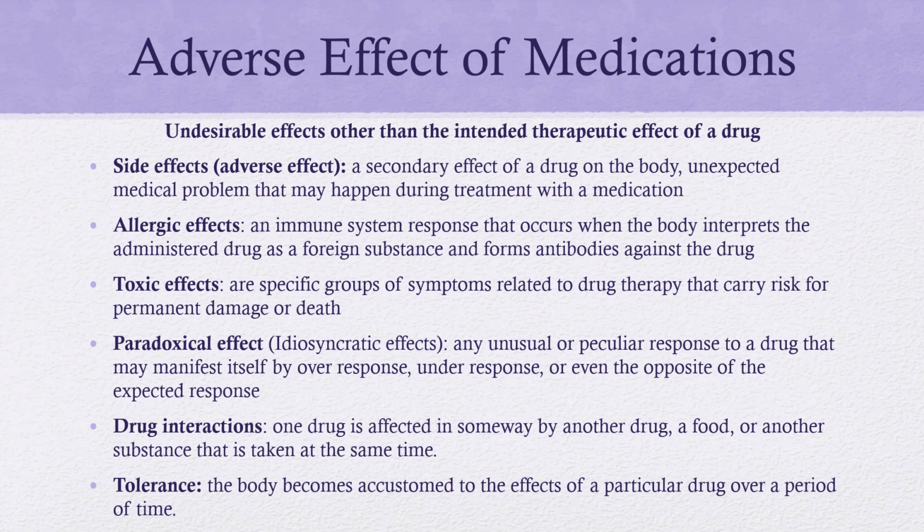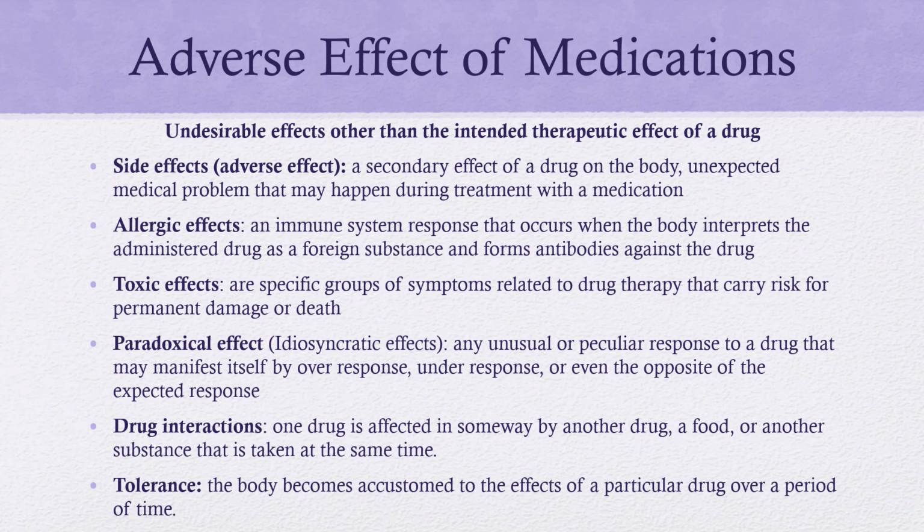This terminology goes into different adverse effects of medications. So when we talk about side effects, these are the unexpected problems that could occur secondarily or unintended to the medication. Allergic effects are an immune response.